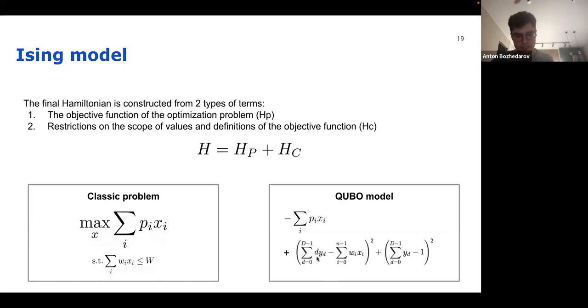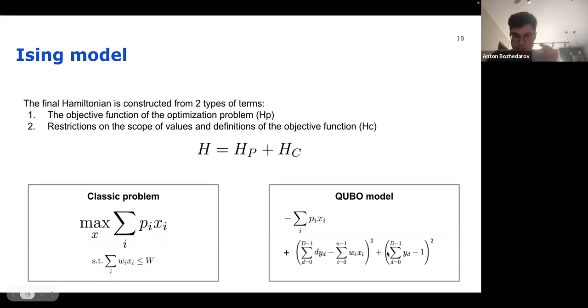You can see here d times y with index d. It corresponds to the binary representation of the variable w, the big W. So it's an attempt to add additional binary variables and encode the real number w as a representation of bit strings, with additional weights here, as integers.